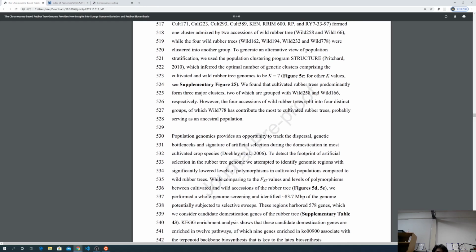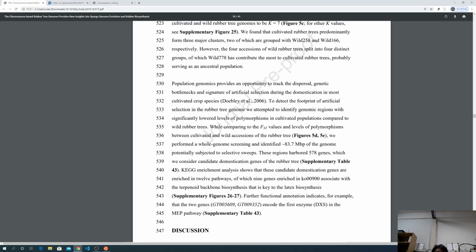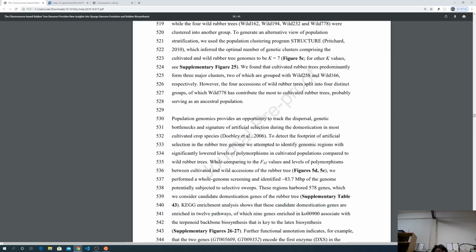And so the KEGG analysis. These candidate domestication genes, they calculated FST values, and using these FST values, they identified this large region as a selective sweep.